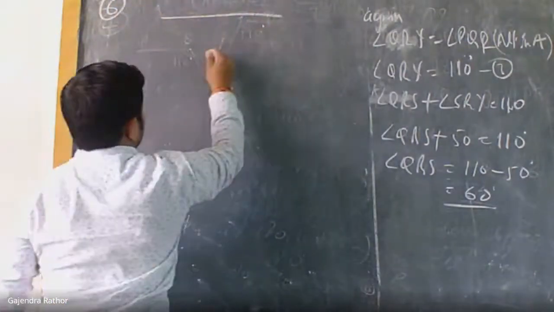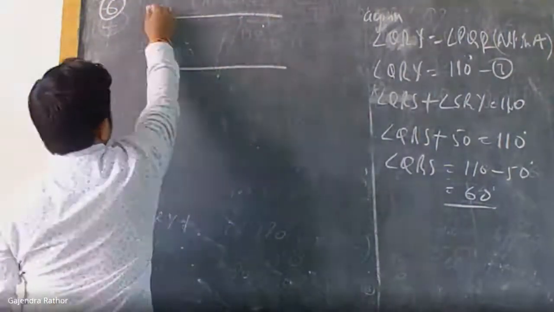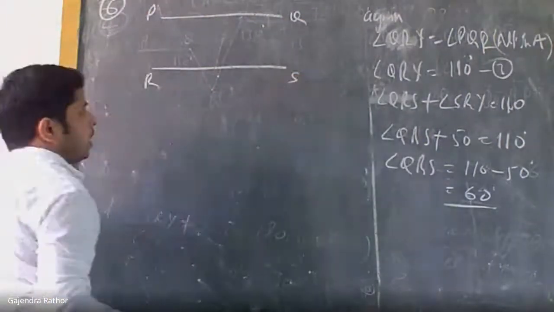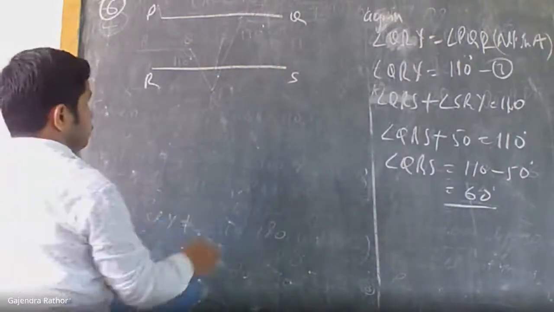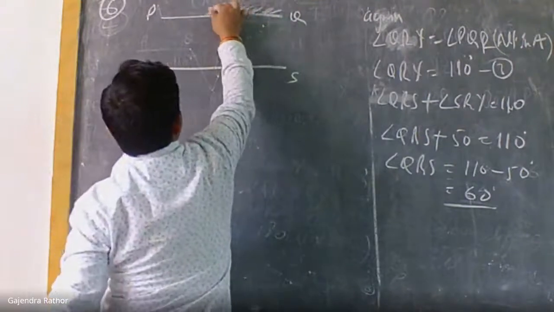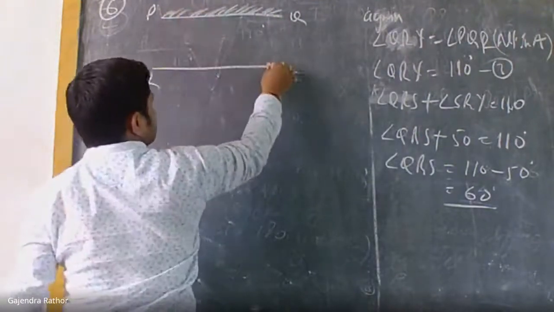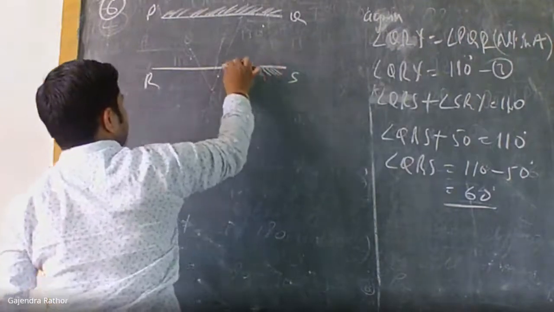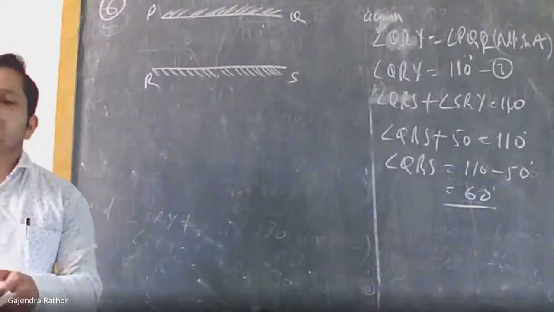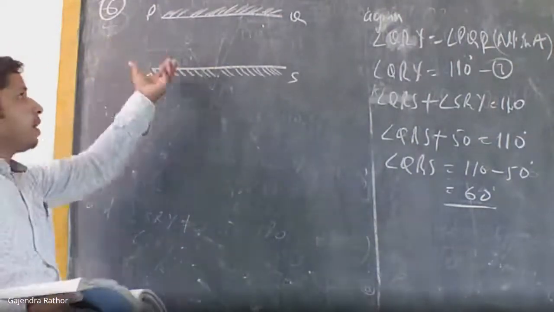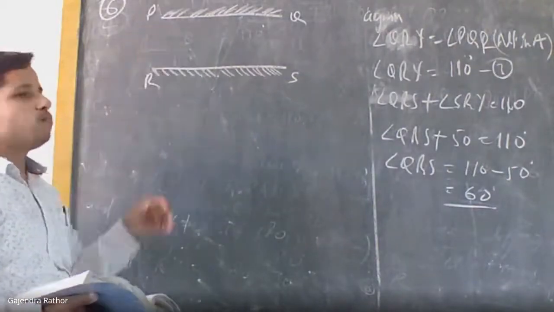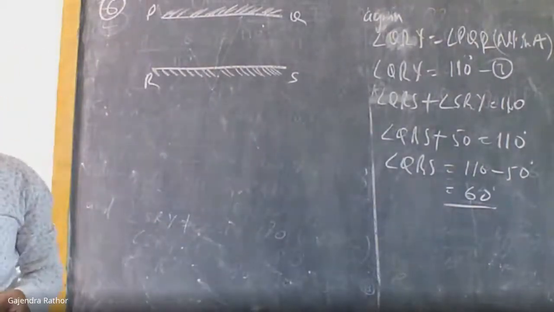There are two mirrors. Okay, I marked some small lines because they are mirrors. These lines represent that the surfaces of the mirrors are polished. You also studied this in science.